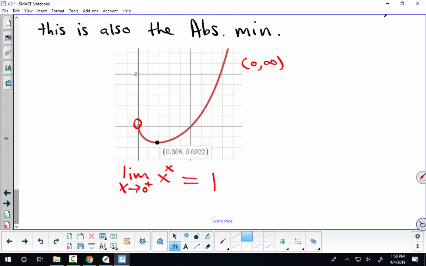We see from the graph that it's 1, but we don't actually look at this process until 4.7. Any questions at all?